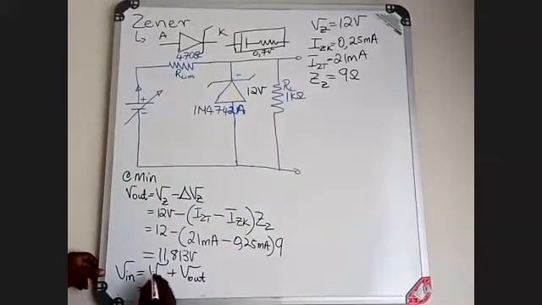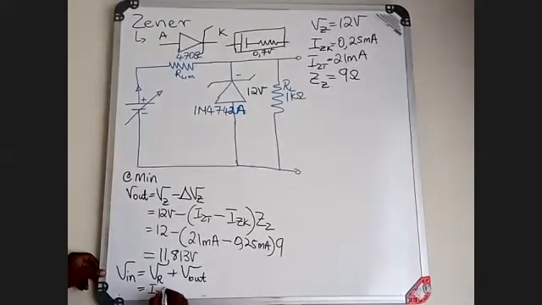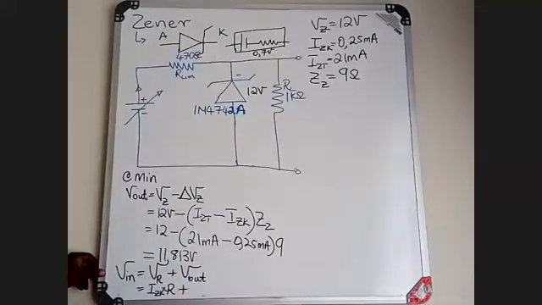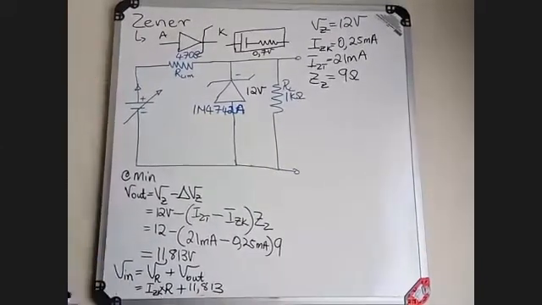My VR will be my IZK, because that is at the minimum point, multiplied by the resistance value there, plus your V out, which is 11,813.